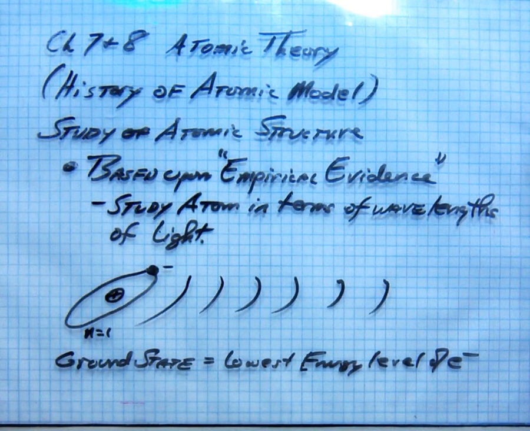Helium has 2 electrons. When those 2 electrons are in the first ring, it's in the ground state. If we go to lithium, it'll have 2 electrons in the first ring and 1 in the second ring. And while they're there, that's called the ground state. It's the lowest energy existence of the various elements, when the electrons are in their ground state.